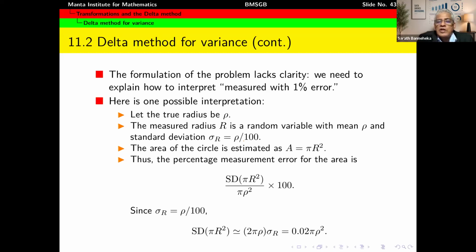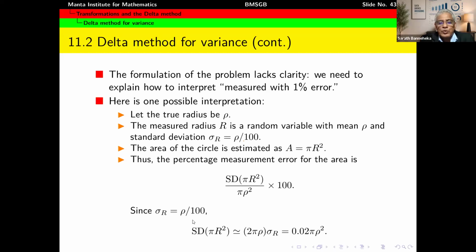So therefore, we will need the standard deviation of pi r square, which is a transformation of r. If you know the standard deviation of r, we can apply the previous result to get the standard deviation of pi r square approximately, right?